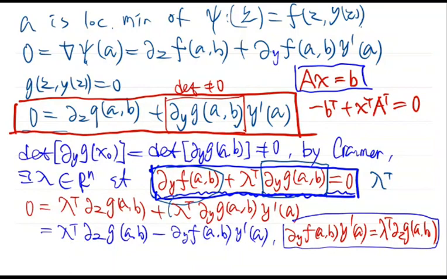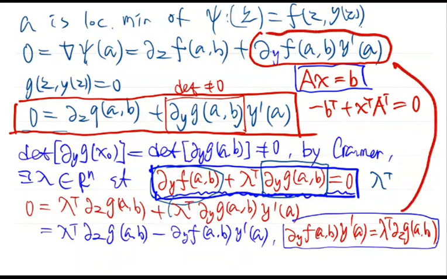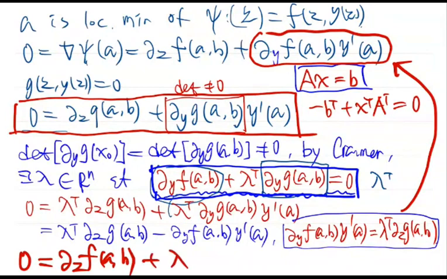So this part of this equality, we move this to, substituting this result into that result, we obtain that 0 is dz f at AB plus lambda transpose dz g at AB, right? So this equality and the equality we solved for lambda transpose together, we will obtain our result.